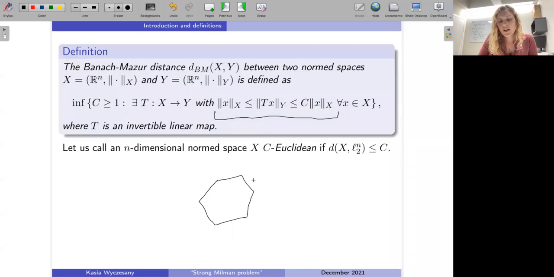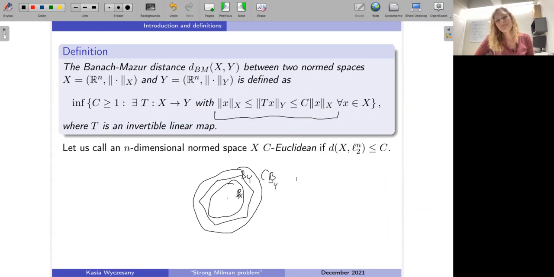So if this is the unit ball of the space Y, that would mean that there exists a unit ball of X here and a unit ball of X here, which is a scaled one. So this was Bx, this is By, and this is C times By. Sorry, I'll start writing nicer in a moment.